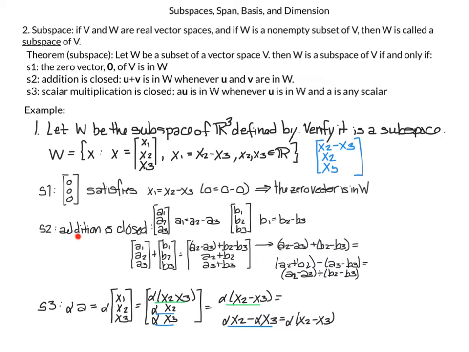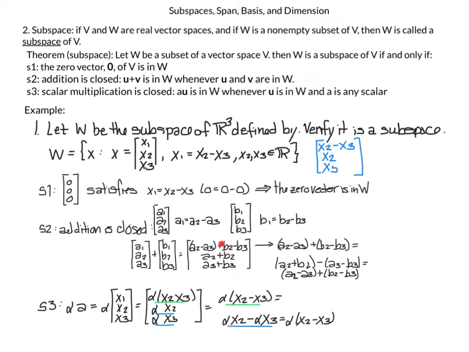Next, we have to show that addition is closed. So if we have two vectors, vector A and vector B, and both of these vectors are in W, then A1 has to equal A2 minus A3, and B1 has to equal B2 minus B3. When we add these two vectors together, we get A2 minus A3 plus B2 minus B3 on top, and then A2 plus B2, A3 plus B3.